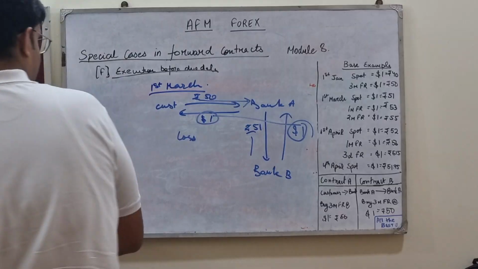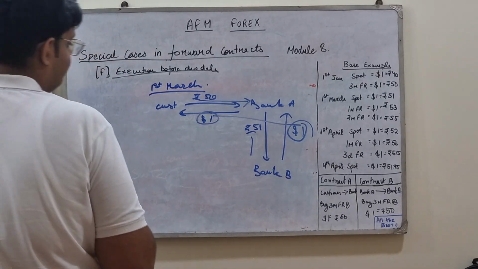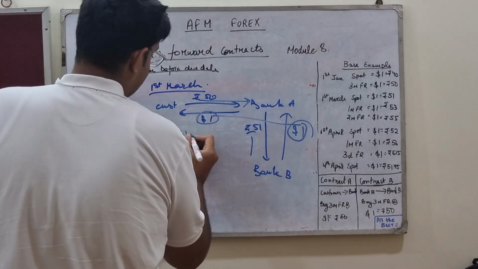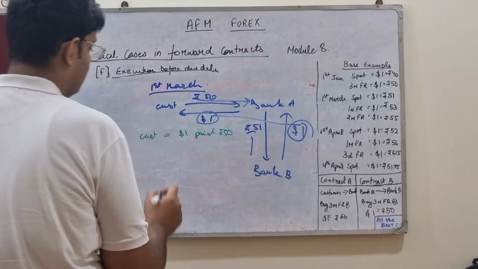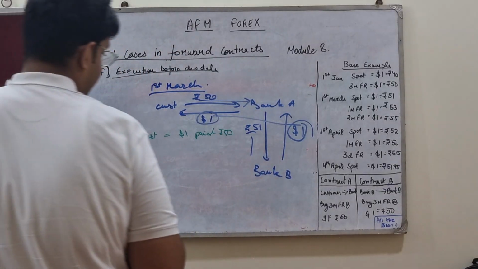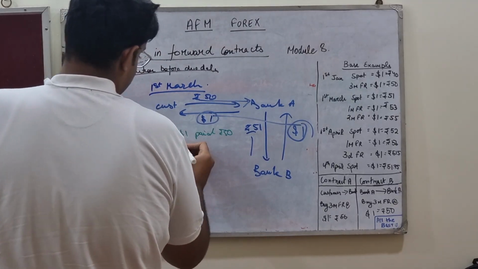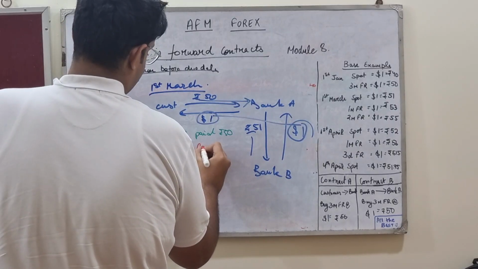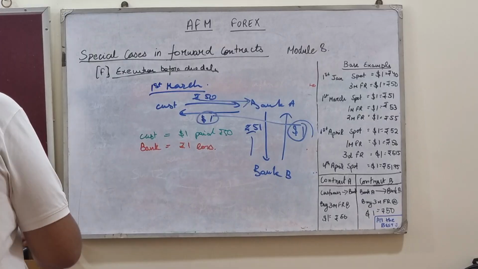Wait, let me give you the customer's point of view and the bank's point of view. It'll be easier. So the customer has his dollar and paid rupees 50. The bank, which I will write in red, basically has a 1 rupee loss, right? This is for now.